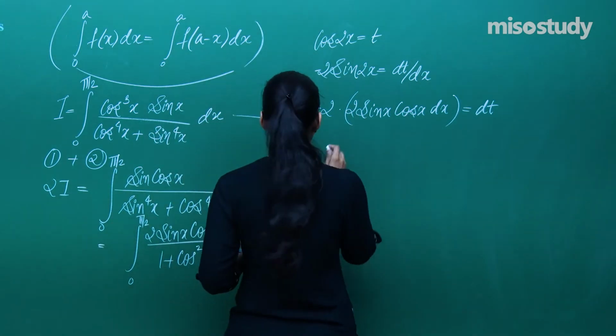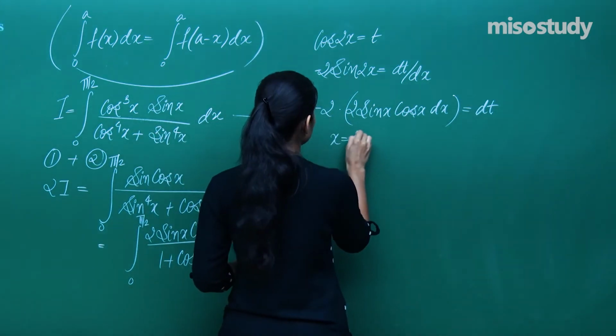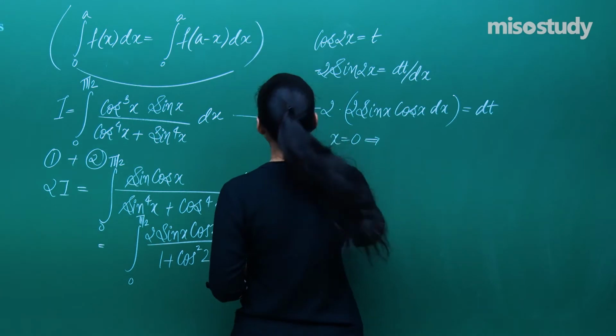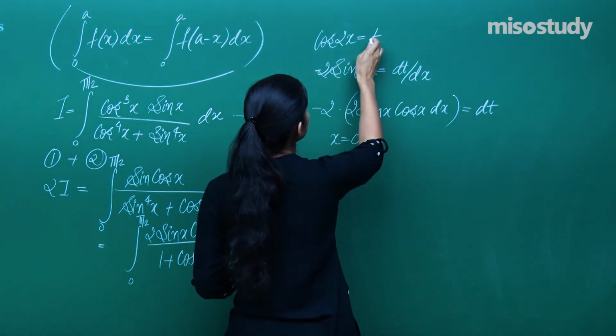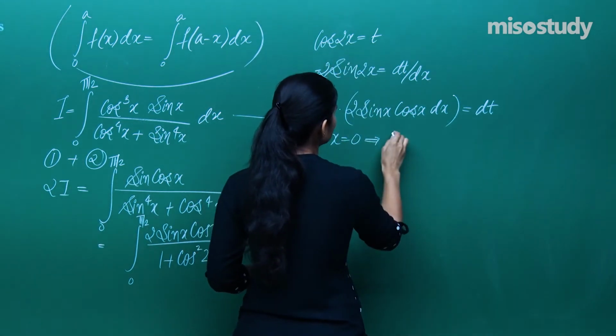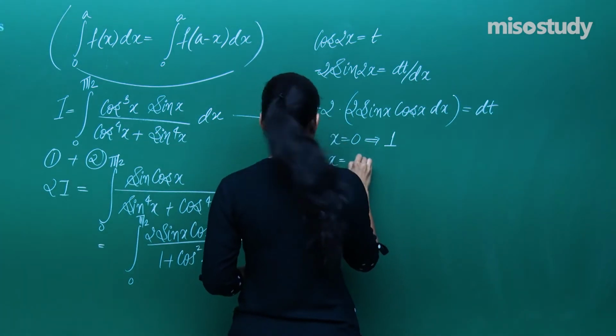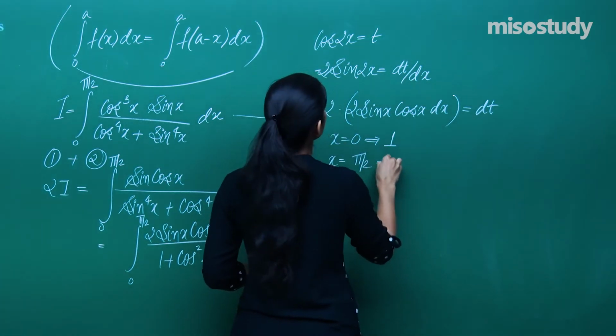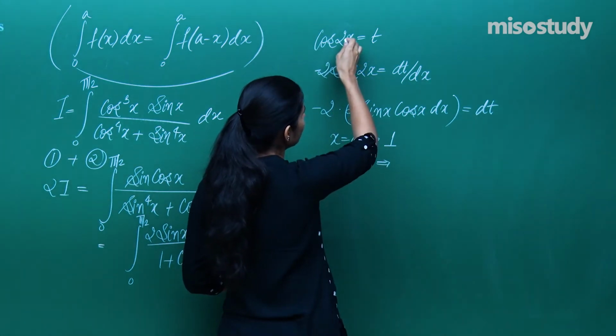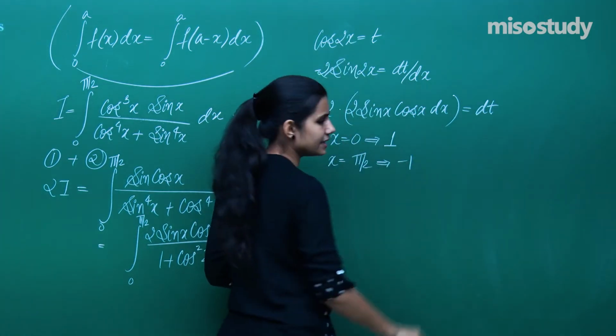Right, first thing. Next thing is that when x is 0, t is cos 0, which is 1, and when x is pi by 2, cos of 2 into pi by 2, which is cos pi, that is minus 1.